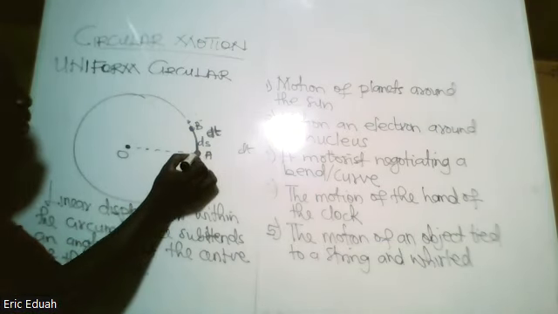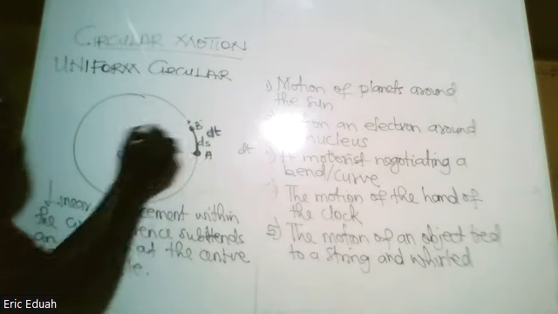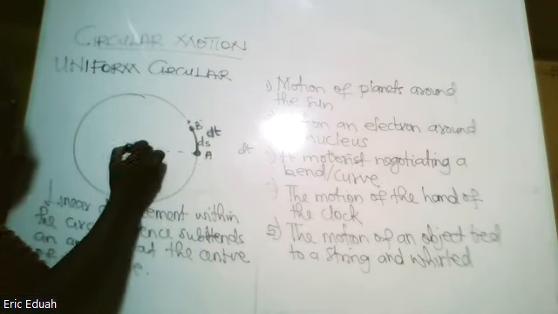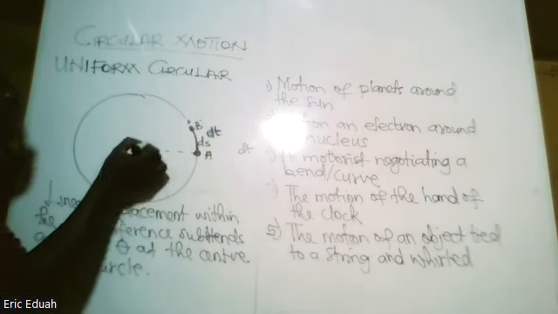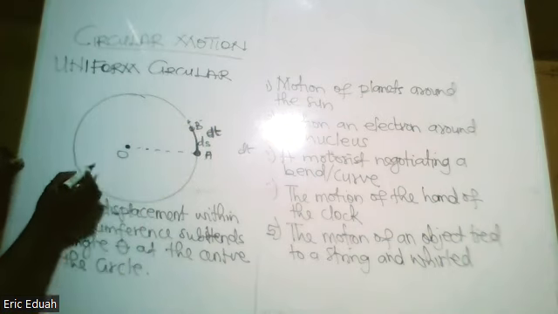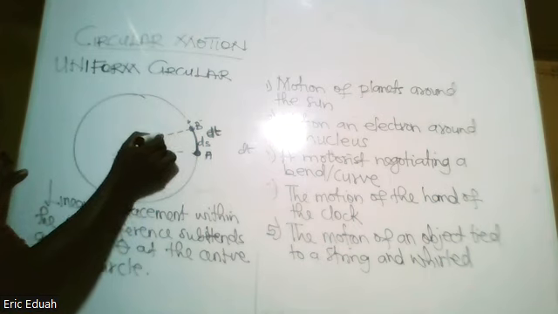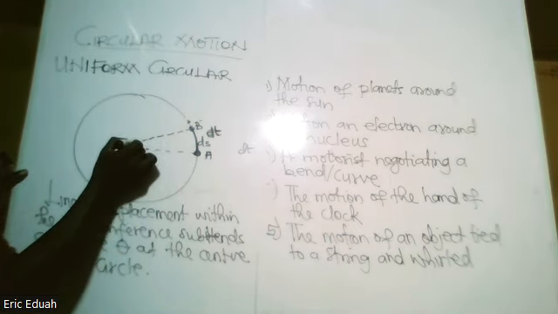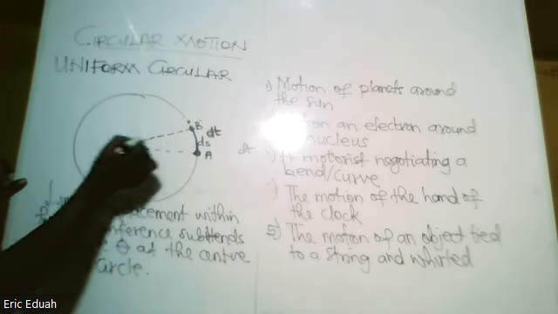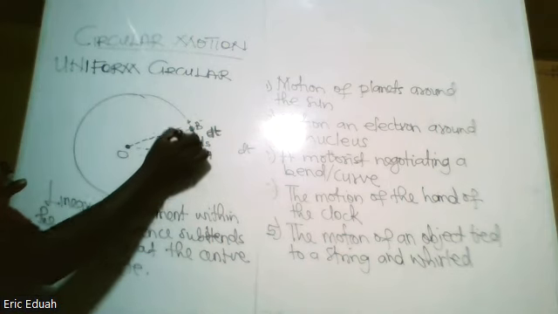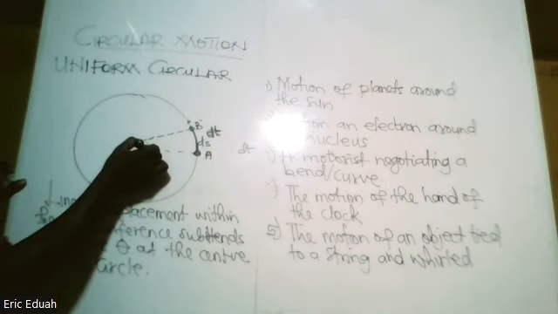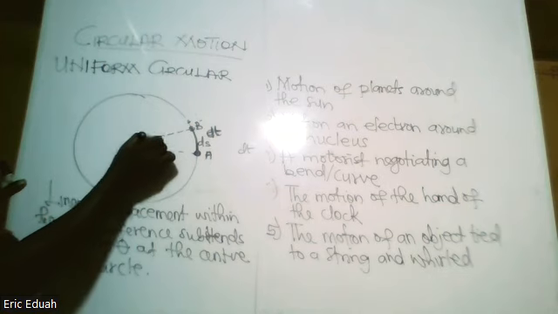So when the body moves from this point and then comes to a new position B, okay, we can trace the new position of the body to the center. And when we do that tracing, we realize that this linear displacement is equivalent to this angle at the center theta.